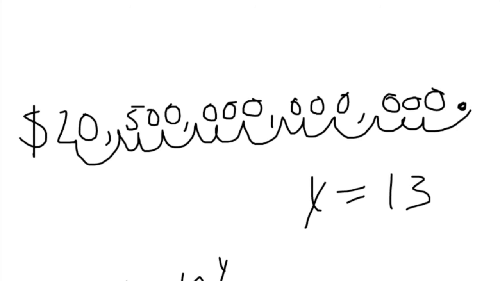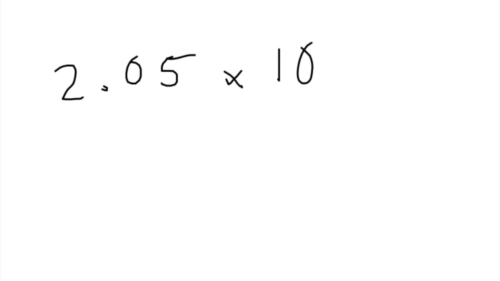To find the x, we simply cut off the trailing zeros, so our final form in scientific notation of the U.S. national debt is 2.05 times 10 raised to the power 13.